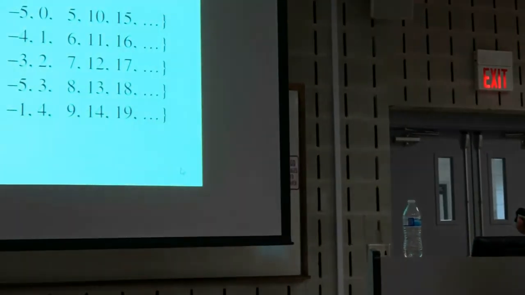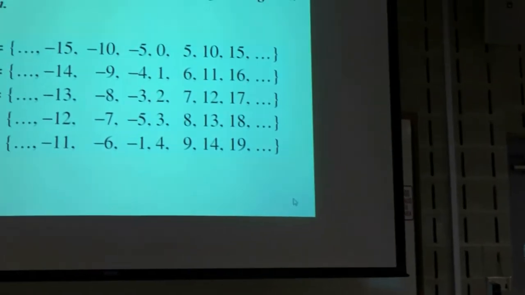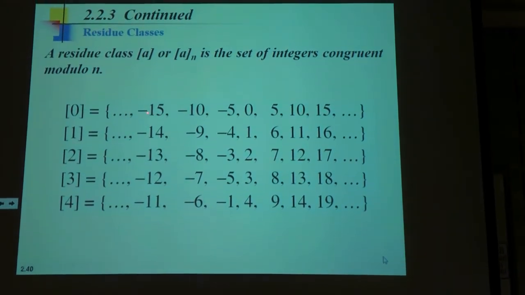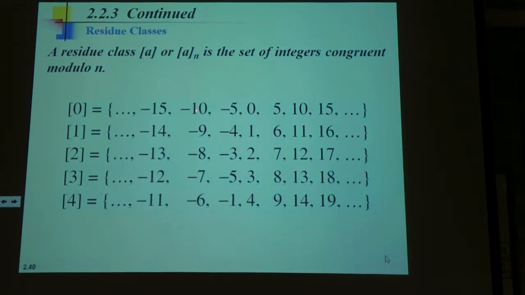A residue class of a mod n is the set of integers congruent modulo n. So for example, these are congruent to 0. Here, for example, you shift like minus 12, minus 10; what is the result here? 0.